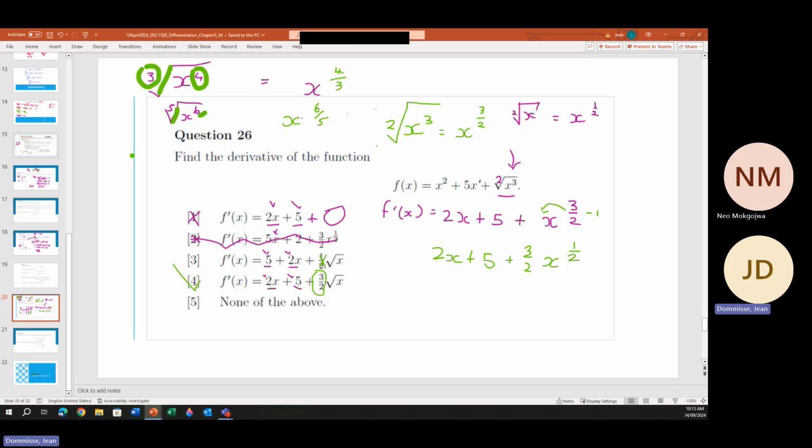And then again, as we've seen, x to the power of a half is the square root. So we can rewrite that again as 3 over 2 x square root, which is that answer.